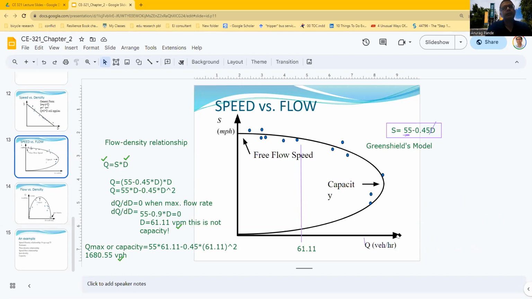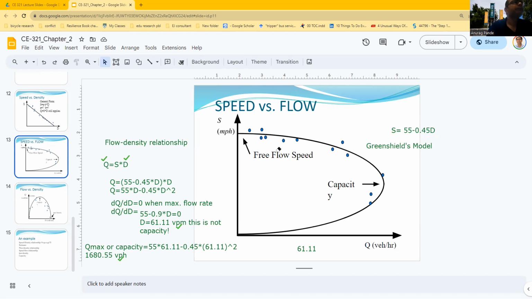Okay, so the speed flow relationship is also pretty easy. Now we got the flow density calculation right here on your left, but I want to do the speed flow modeling on the right. This speed flow chart is actually pretty important because that's the chart that we use for level of service estimation as well. But let's first work on how we can derive the speed flow relationship.